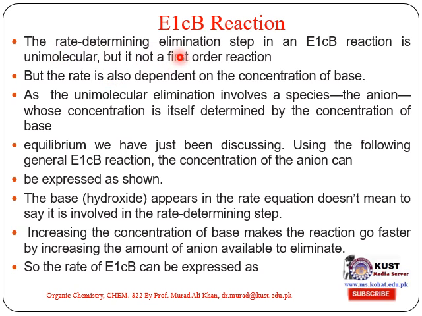The rate determining elimination step in an E1cB reaction is unimolecular, but it is not a first-order reaction. The rate is also dependent upon the concentration of the base, as the unimolecular elimination involves a species, the anion, whose concentration is itself determined by the concentration of the base.